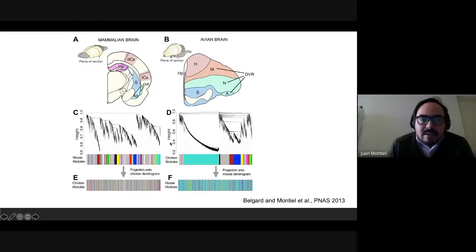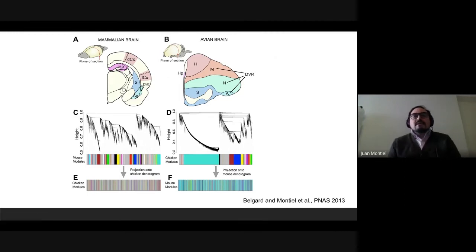And we did that for the mouse brain and for the chicken brain. Then we projected statistically to see which areas were preserved or not across the brain. And we observed that the transcriptome of the striatum is very similar to the striatum, bingo, that was our control, the same for the hippocampus, which are very different in morphology, but with the transcriptome, we can see this similarity.